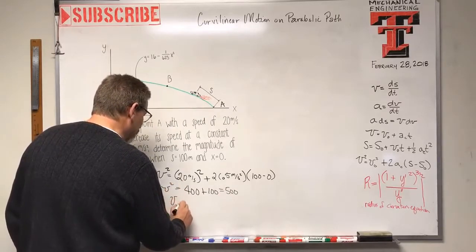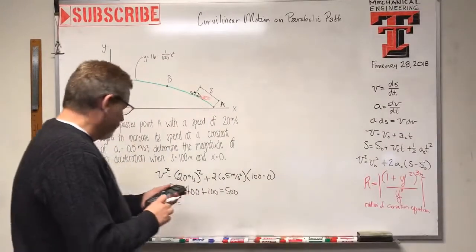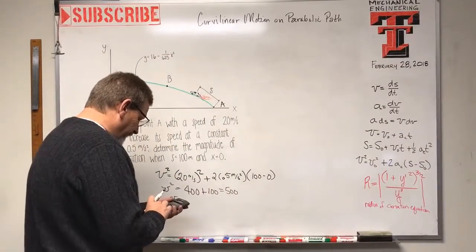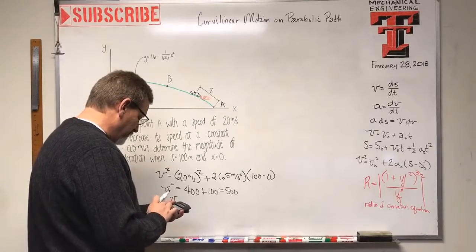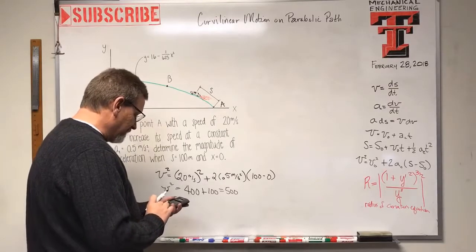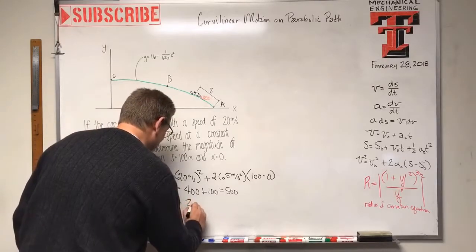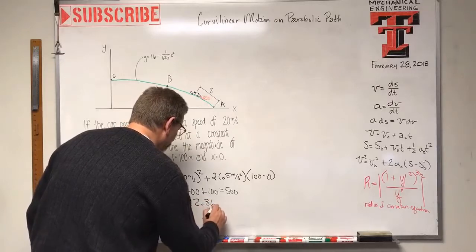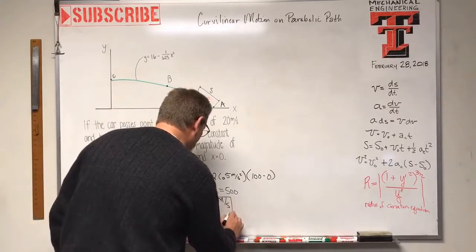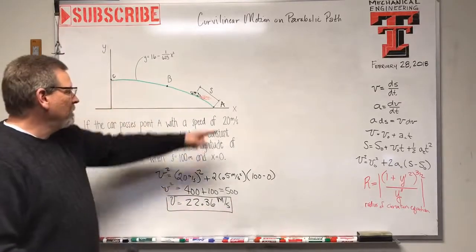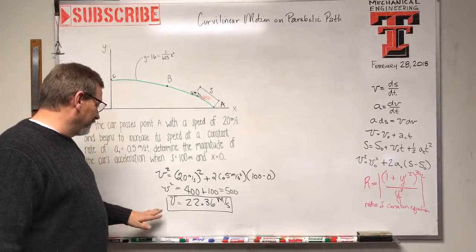And so v is equal to, handy dandy calculator, 500, enter, and then the square root of that is 22.36 meters per second. So that is the velocity when this guy gets over here at 100. That's where the velocity is.